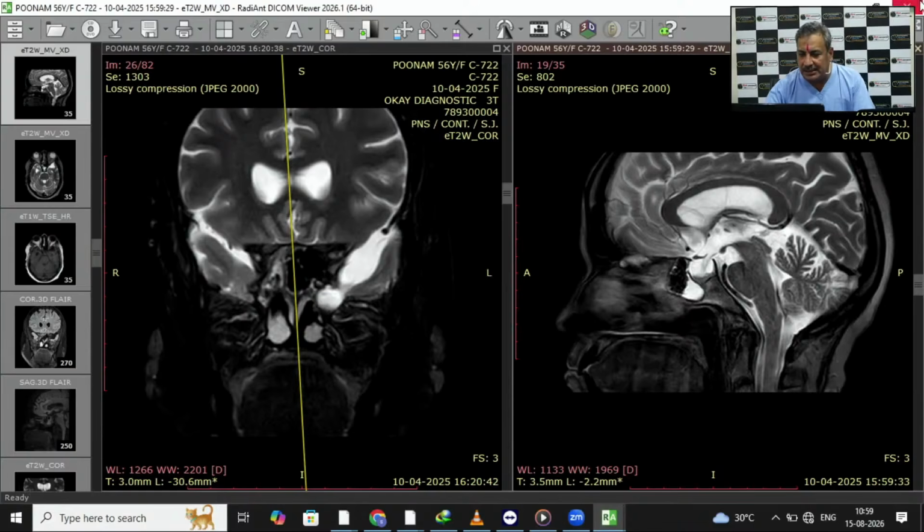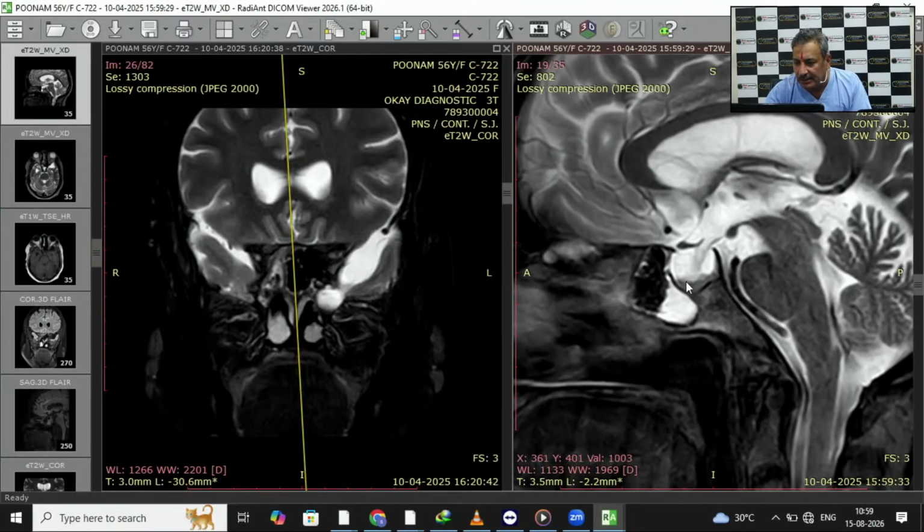So besides the 3D flare and the 3D drive sequence, number one, you should look for signs of benign intracranial hypertension on the MRI scan. Look at this sagittal MRI. Can you see this? This bright arachnoid is almost coming and replacing the sella completely.